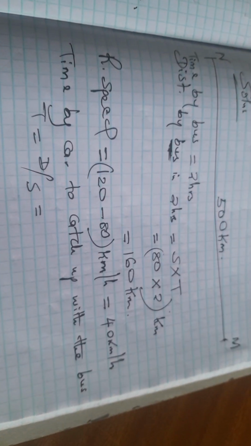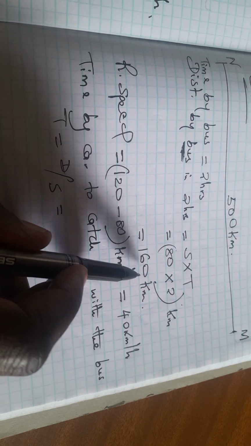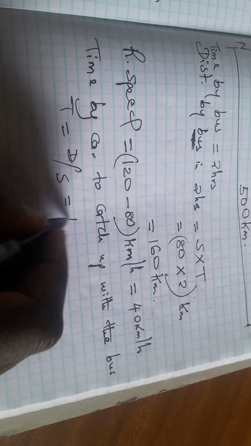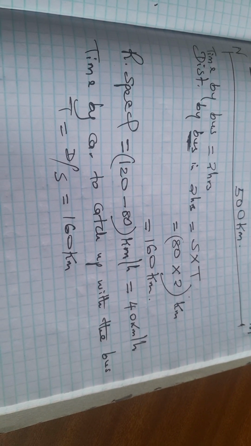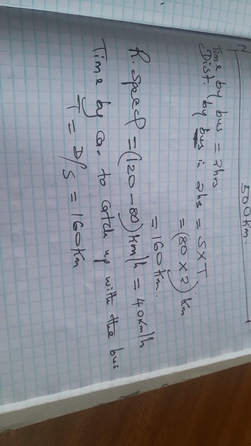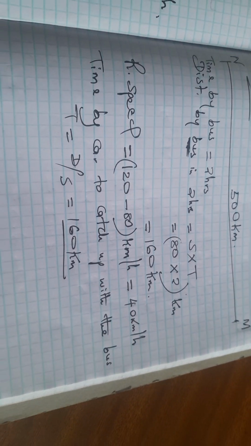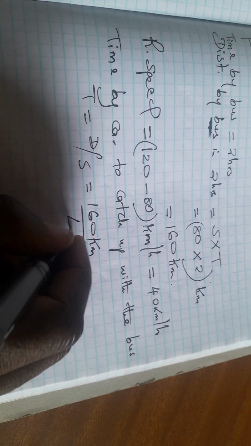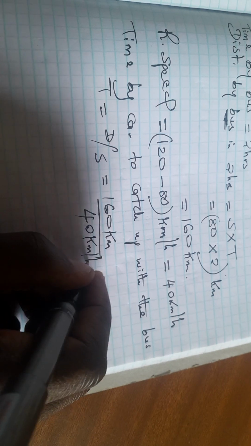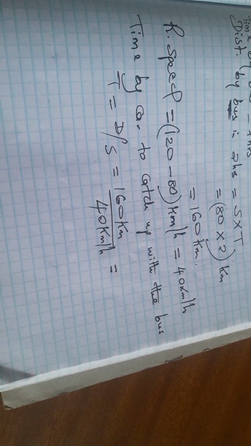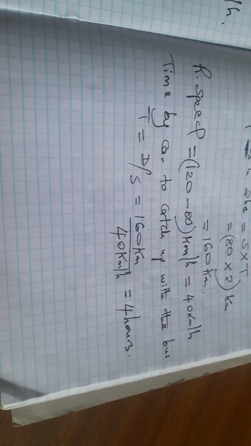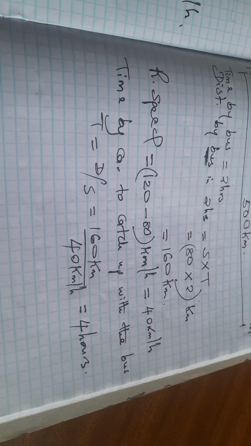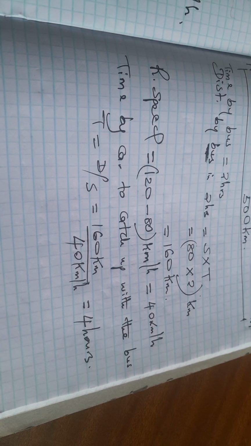The distance between the car and the bus is 160 kilometers. Divide by relative speed, which is 40 kilometers per hour. When you work this out on your calculator, you're going to get 4 hours. So what does this tell us? That the car will take 4 hours to catch up with the bus.